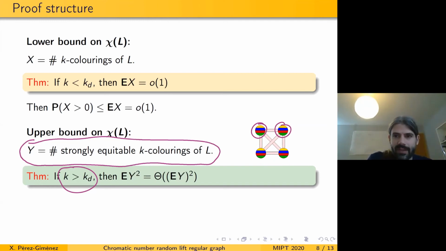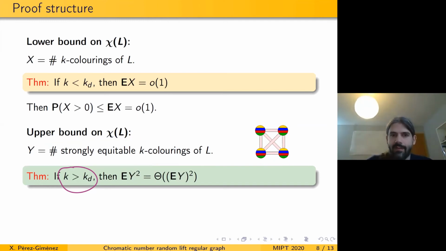So we restrict the set of valid proper colorings, just because this adds symmetry to the calculations and makes life easier, but also because we think that at least for base graphs that are highly symmetric, those colorings are the ones that play the main role.